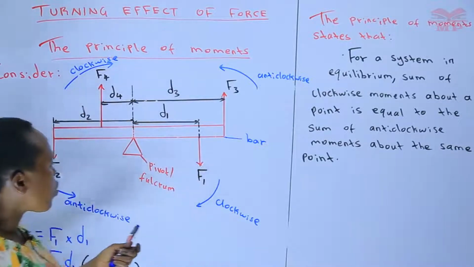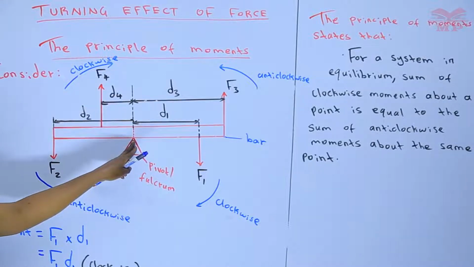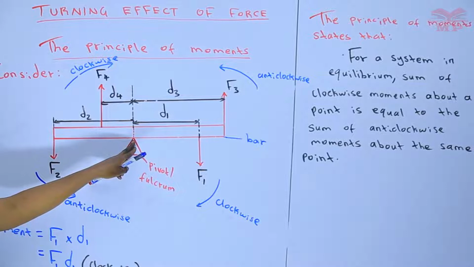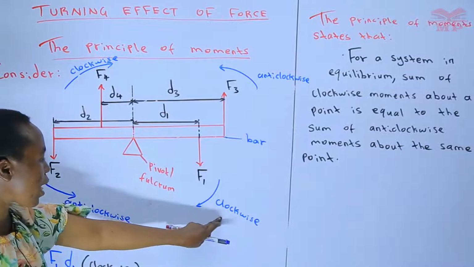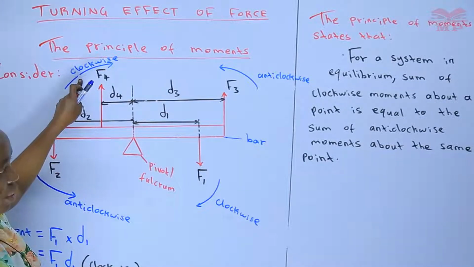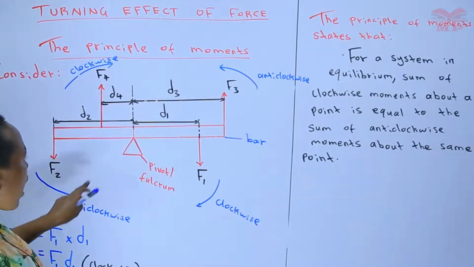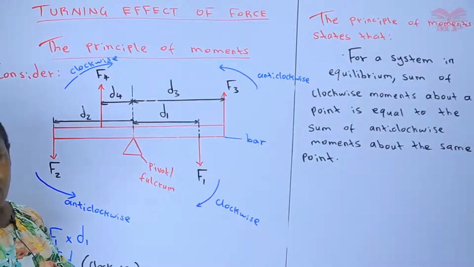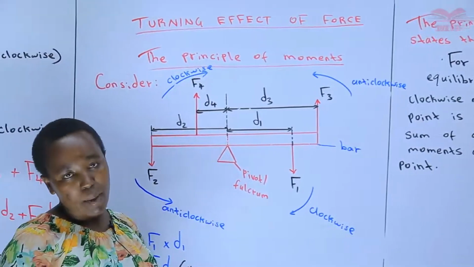And this point that we are talking about in our case is the pivot, the point of support. So for a system in equilibrium, the sum of the clockwise moments, this clockwise moment plus this clockwise moment, about a point will be equal to the sum of the anti-clockwise moments about the same point. And that's what we refer to as the principle of moments.